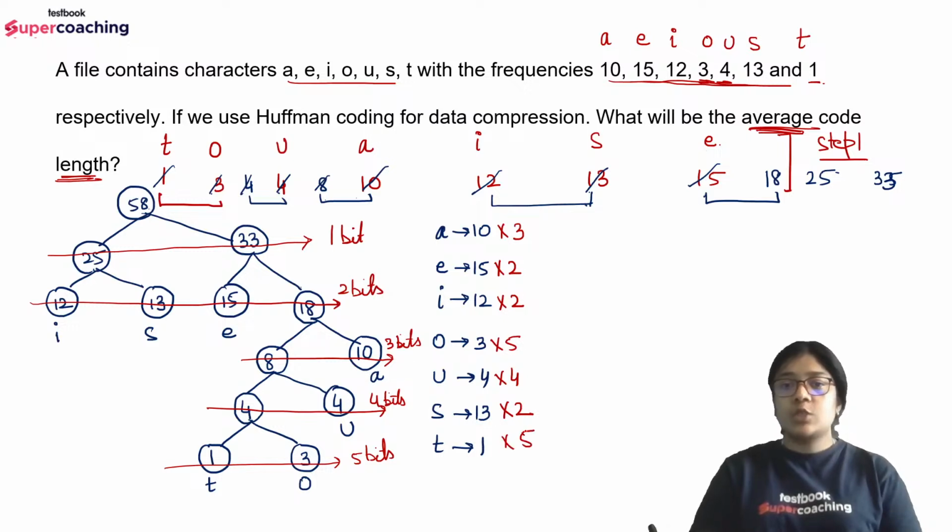So from this you can get the total number of bits sent. 10 into 3 is 30, 15 into 2 is 30, 24, 15, 16, 26 and 5.